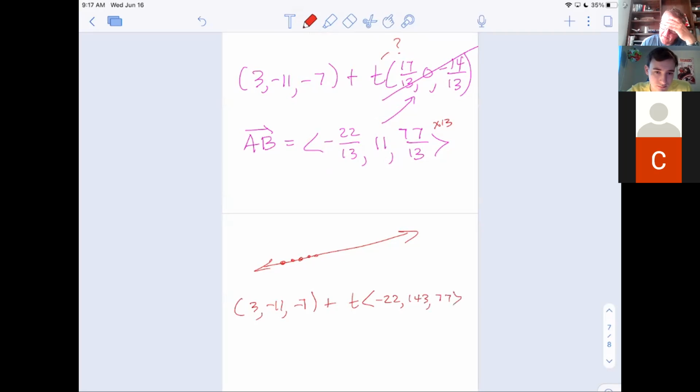Isn't that nicer? Perhaps you even noticed, though, that every one of these numbers up here was divisible by 11. So I could actually even go through and divide all of these by 11. That takes that back to, it's 11 again, and this would be 7.